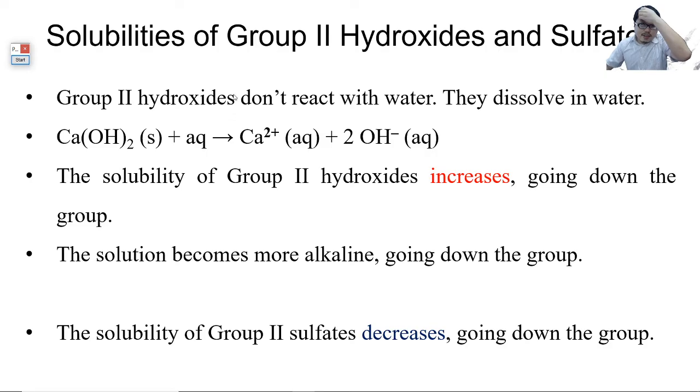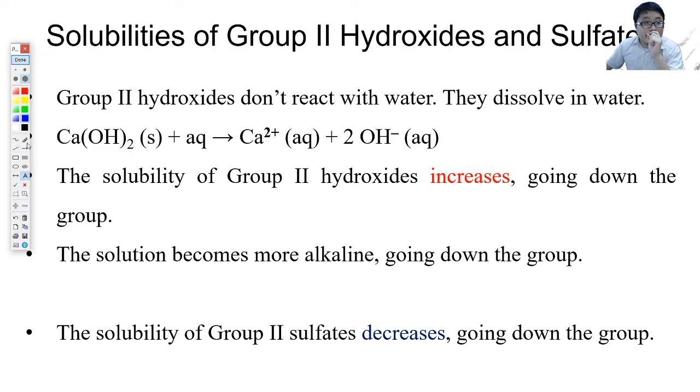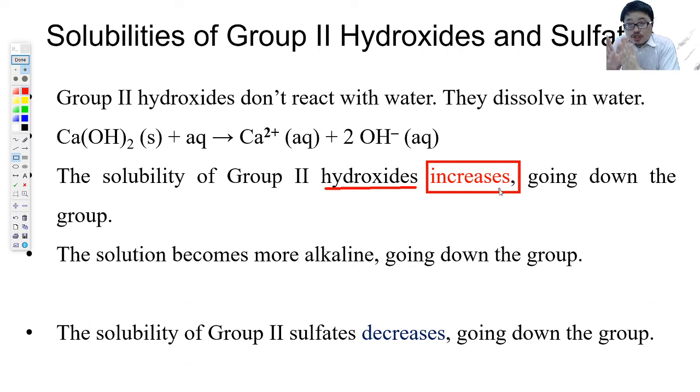Now, this is a very important thing to take note of. I want you to clarify between these two. If you are talking about hydroxides, please notice hydroxides. The solubility of group 2 hydroxide increases going down the group.